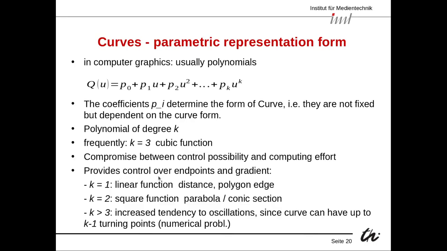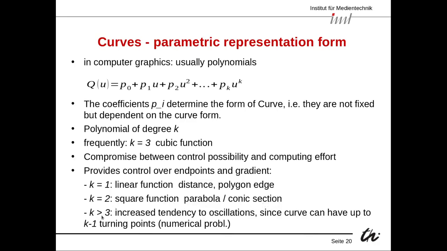Yeah, this provides control over endpoints and the gradient. So when we have k equals 1, this is just a linear function, like a polygon edge. If you have k equals 2, now it becomes curvy, right? Because it's like a parabola. Then it's like a square function, a parabola or a conic section.